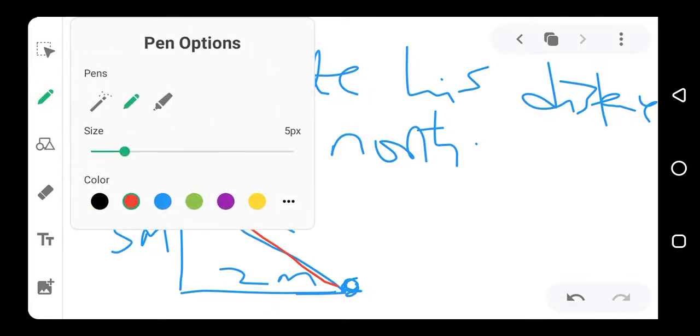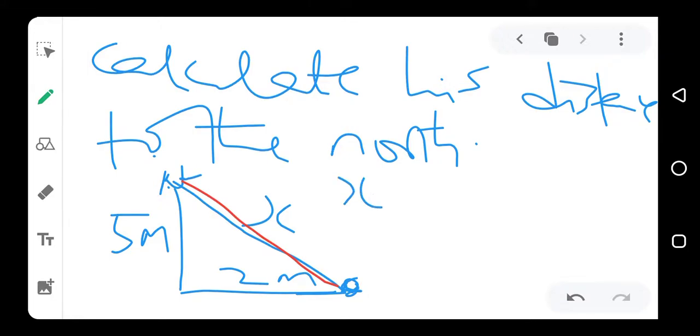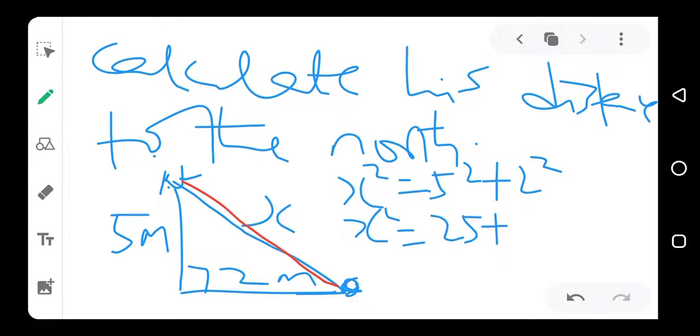So to calculate x, this side is the hypotenuse because the cardinal points, going from north to east, make an angle of 90 degrees. That means that x is the hypotenuse and the other sides are adjacent. Now x squared is equal to 5 squared plus 2 squared. x squared is equal to 25 plus 4.